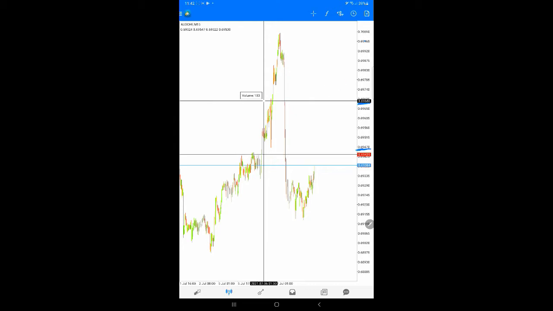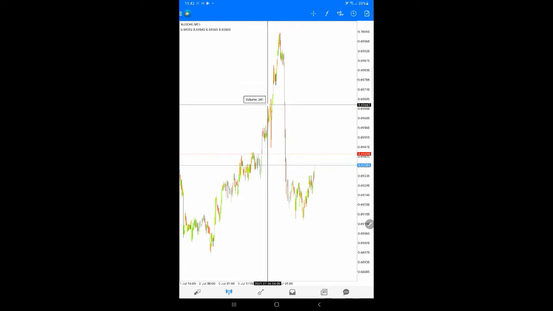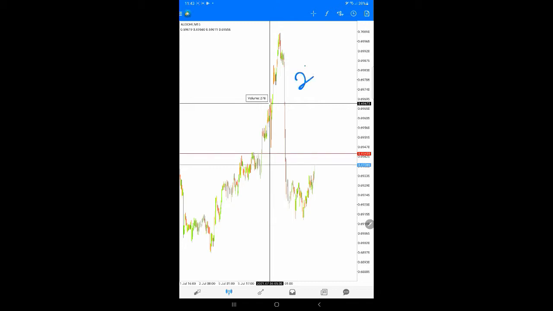I'll show you how to calculate on the laptop view of the MT4. But I'm using a tab to do this, so it's giving me like a phone view, or something in between the laptop view and the phone view. Okay, remember we're having 21 pips.